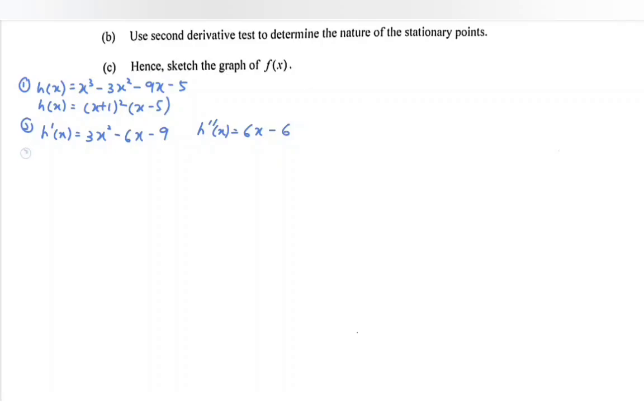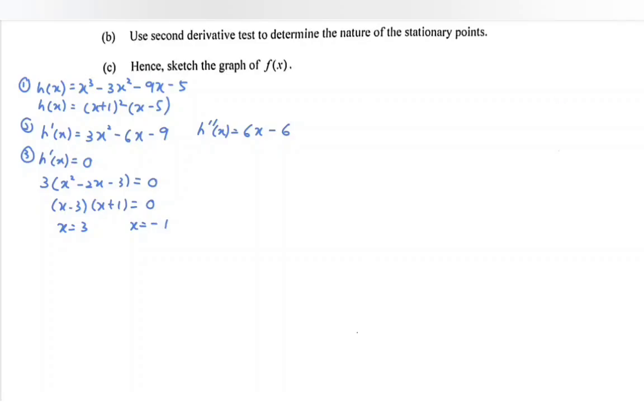Next, step number 3 is to find the stationary point where h prime x is equal to 0. Factor out the 3, so we have x squared minus 2x minus 3 equals 0. Factorize, so we will have (x minus 3)(x plus 1) equals 0. x is equal to 3, x is equal to negative 1.